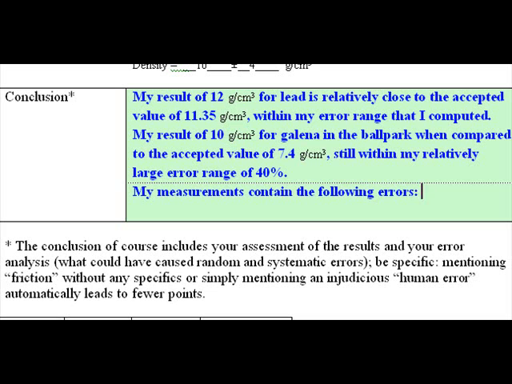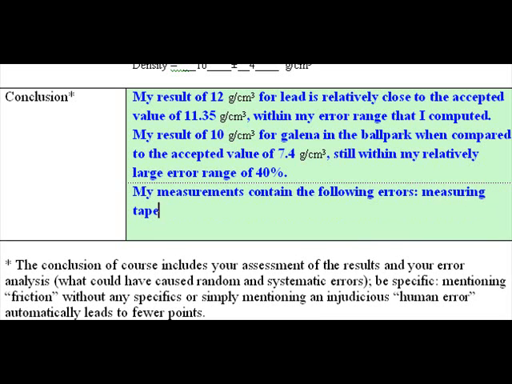Measuring with the measuring tape, where I could have plus or minus 0.05 centimeters, so it's an estimated 0.1 centimeters or 0.05 centimeters within the divisions.